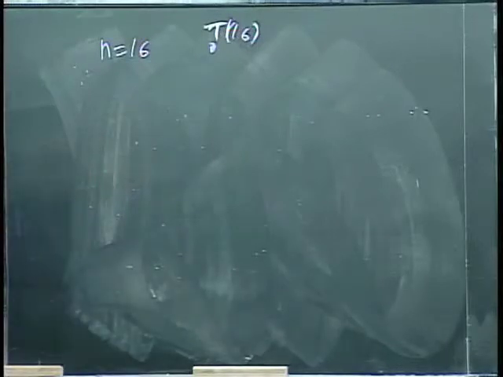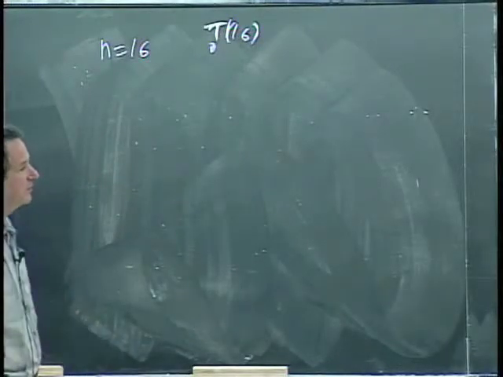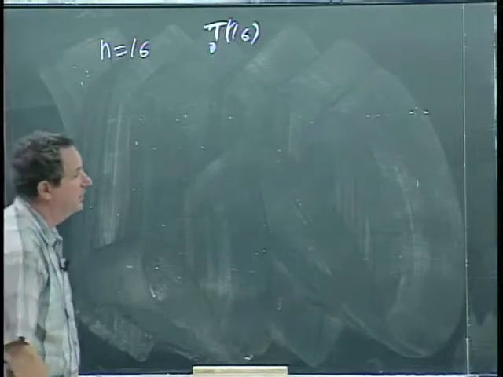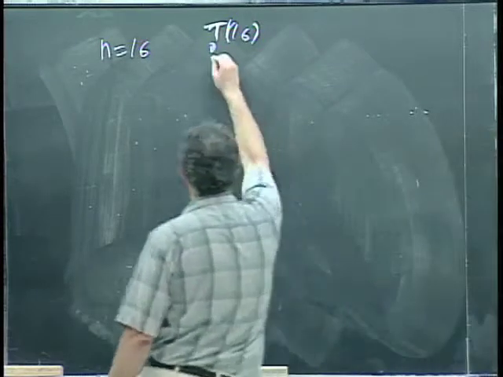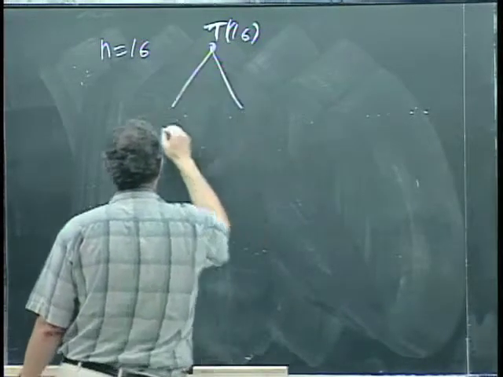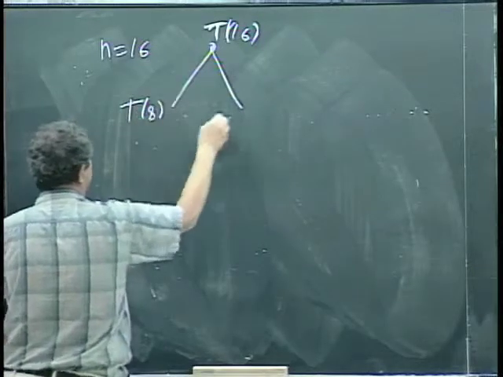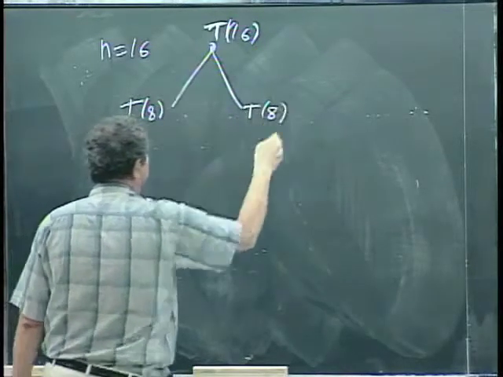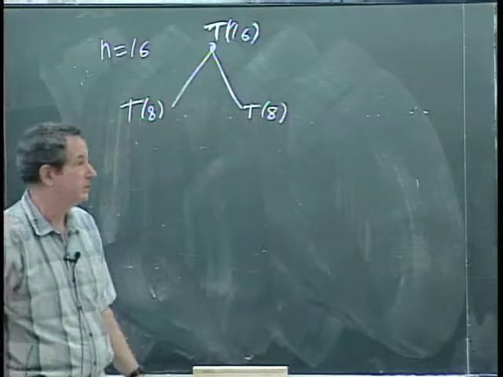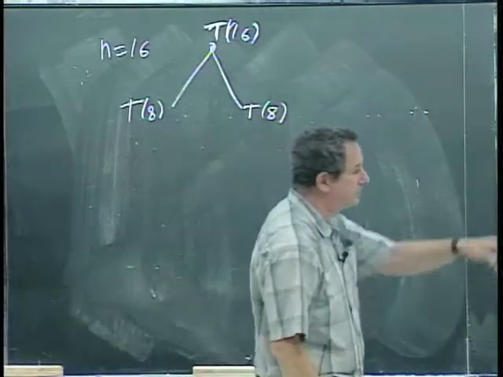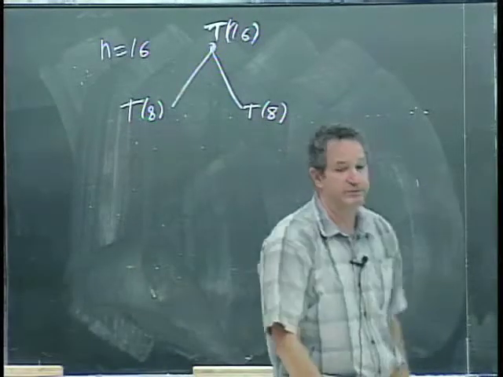But I have that recurrence relation over there, which tells me that t of 16 is twice t of 8. So I can draw a tree like this, t of 8, plus n minus 1, which in this case is 15.